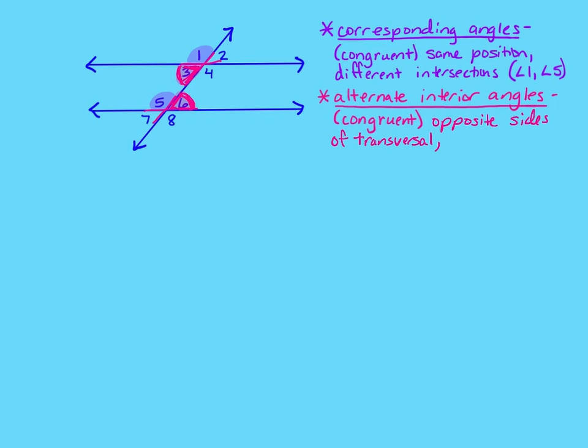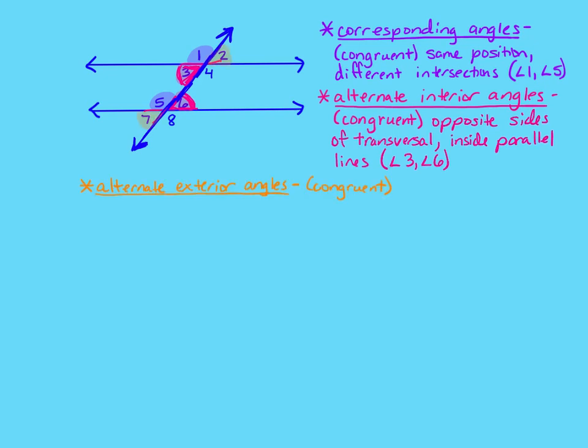And interior means they're inside the parallel lines. So angle 3 and angle 6 are on opposite sides of the transversal line, which we have here, and they're both inside the parallel lines, between the parallel lines. So they have the same angle measures.